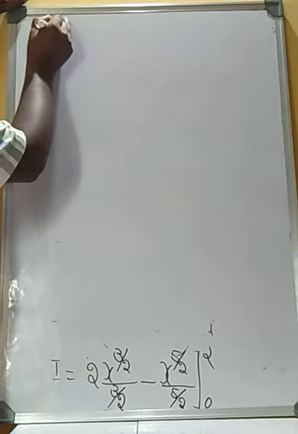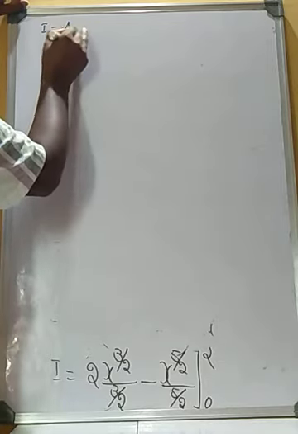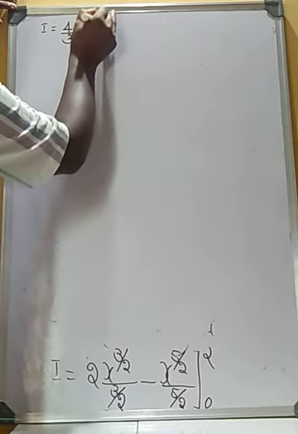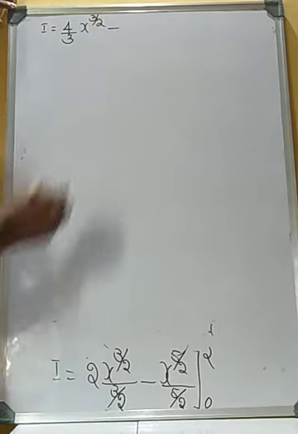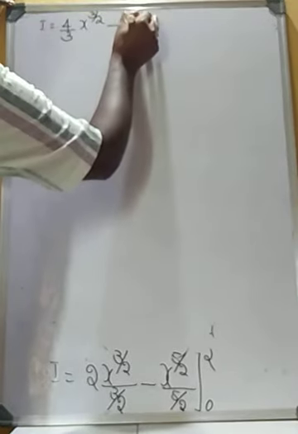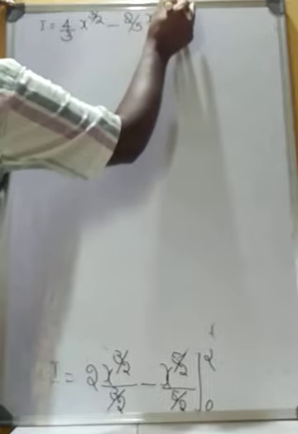Therefore, I is equal to 4 divided by 3 into x to the power of 3 by 2 minus 2 by 5 into x to the power of 5 by 2. Upper limit is 2, lower limit is 0.